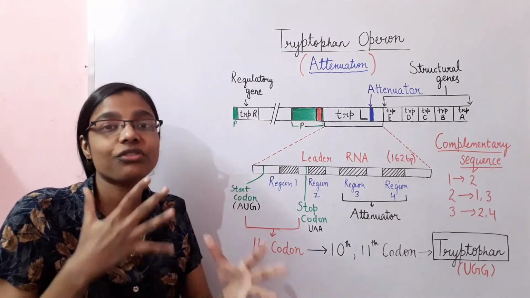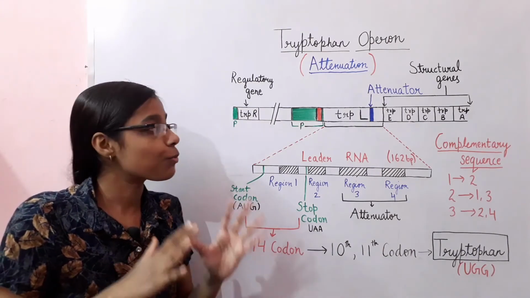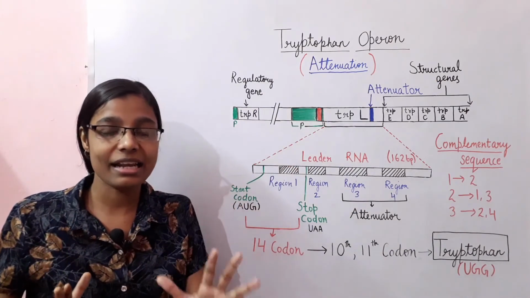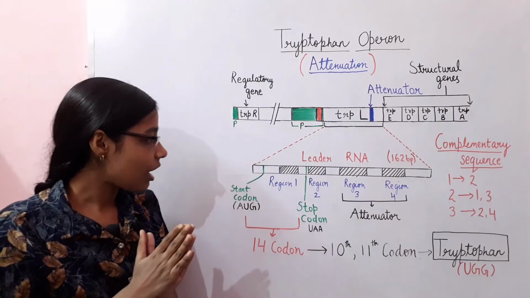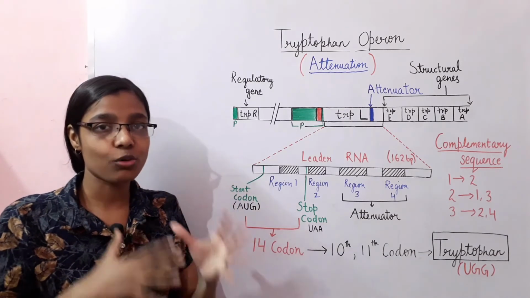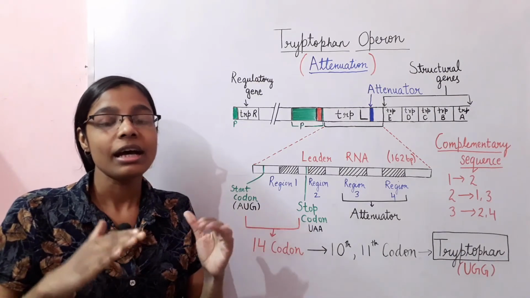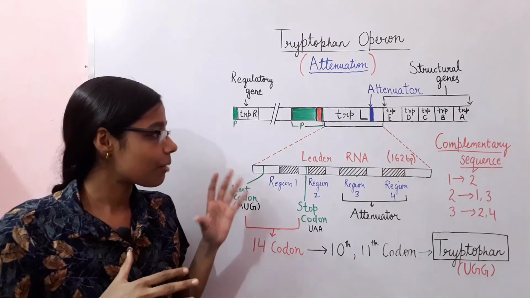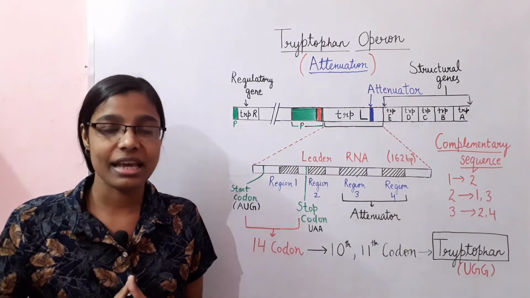So that is the process of translation. In this process of attenuation, the role of the charged tRNA is very important. The role of region 1 is also very important, and we are going to discuss in detail how the levels of tryptophan regulate the process of attenuation.